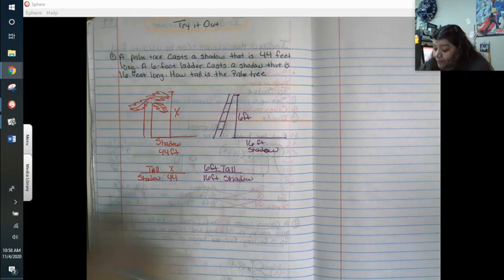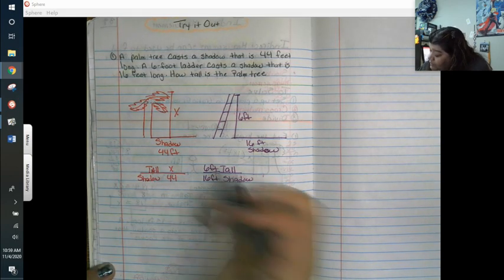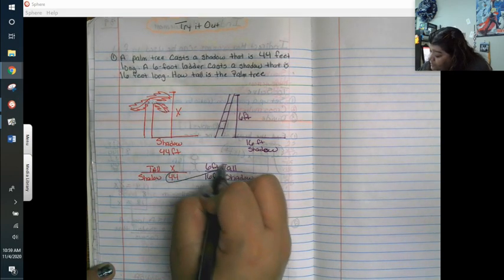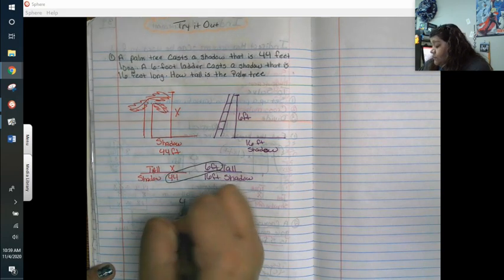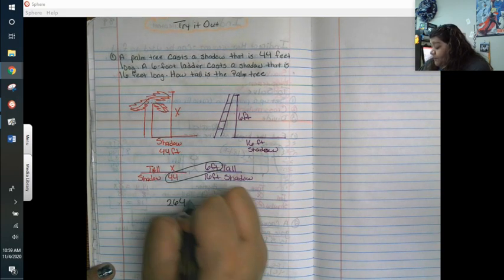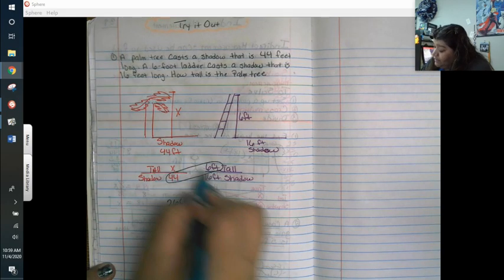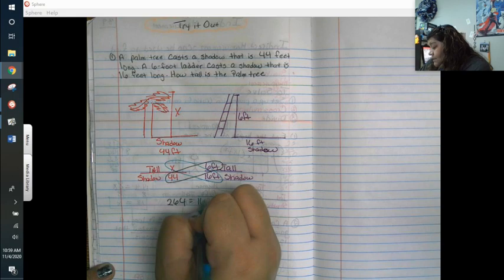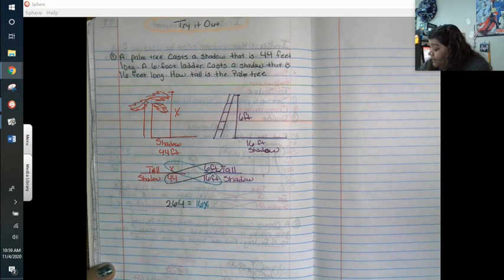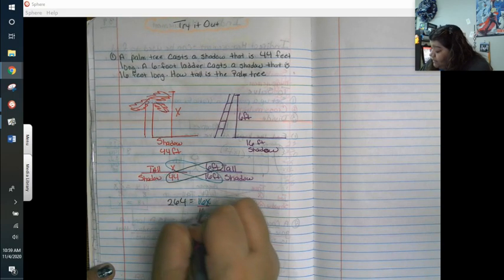See? Just like that. Now I'm going to go ahead and cross multiply. 44 times 6. 6 times 4 is 24. 264. And then opposite direction will be 16x. Okay. Divide both sides by 16.